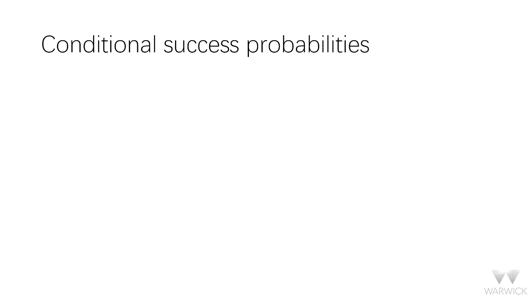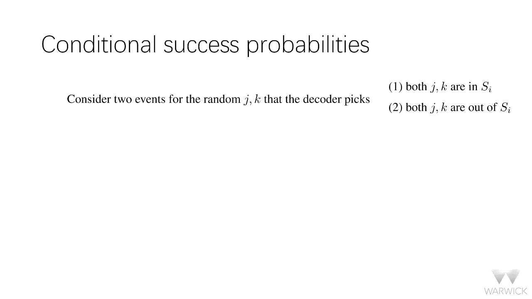And then let's consider the conditional success probability. So consider two events according to the positions of j,k. One is both j,k are in S_i, the second one is they are out of S_i. Then let's denote the event E1 to be that the first situation happens, and E2 to correspond to the second situation.